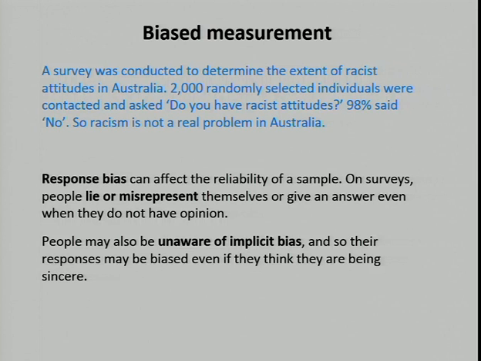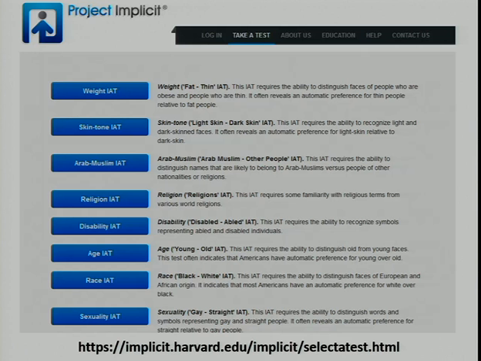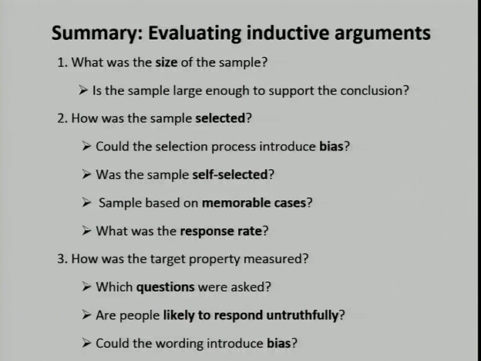Implicit bias might be a problem there in the background as well. So even if people think they're being honest, they might not be. And if you have a day or more to spend, there's a lot of empirical work on implicit bias tests that you can run through and see how well you do on those, which can be fun in a way. So that concludes our content for today.